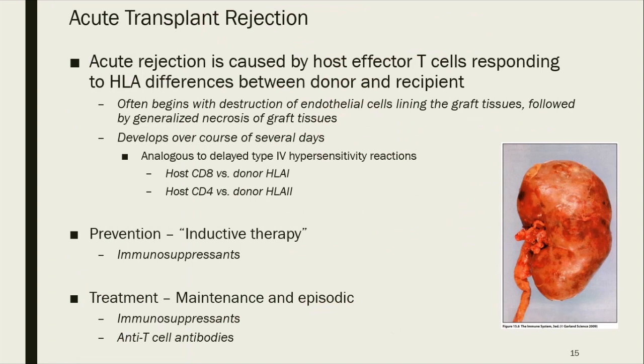Now we're going to the second type, which is the acute. So that one was hyperacute. This one is acute. Acute is caused by host effector T cells, okay, responding to HLA differences between the donor and recipient. They're still kind of fast, okay, but it takes some days to develop.